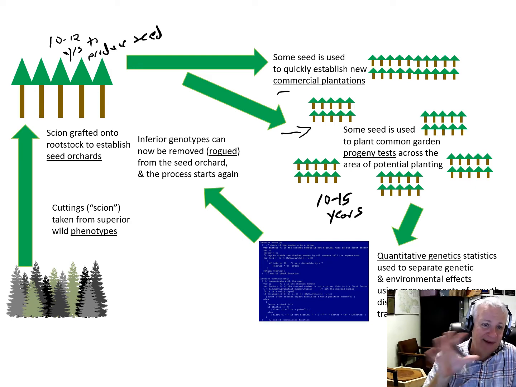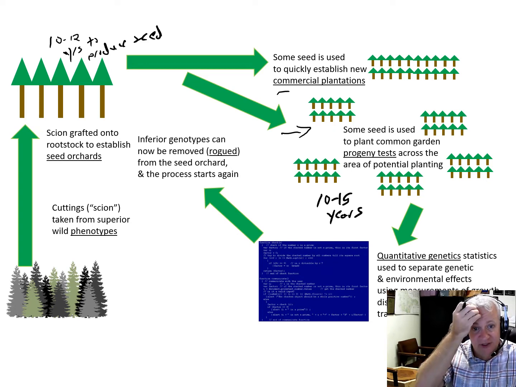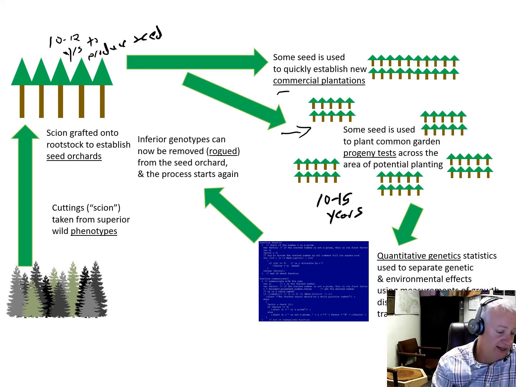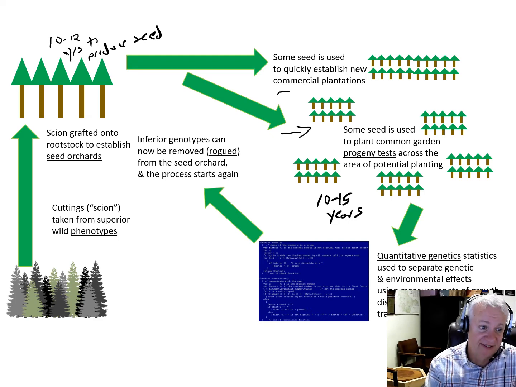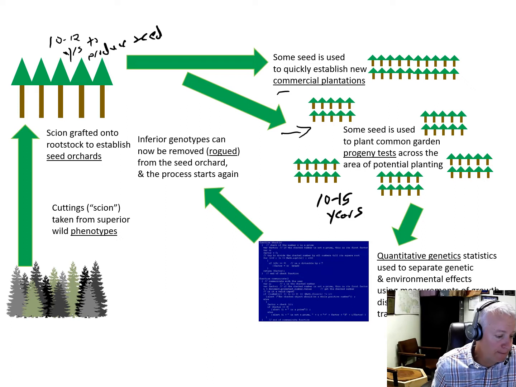So that whole step can be 10 to 15 years. You've got to analyze the data and then rogue it. So all that together, you can see you're looking at 20 to 30 years for one generation. So this is a long-term process for forest trees just because of their biology. They're long-lived species. They don't reproductively mature for quite some time, and that causes this to be a slow process.